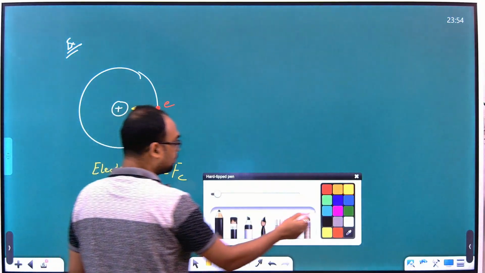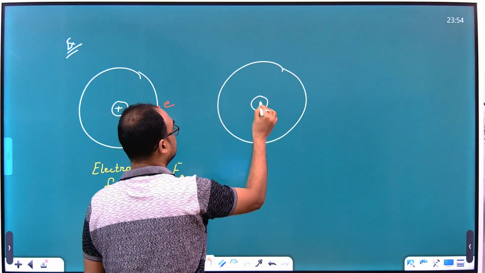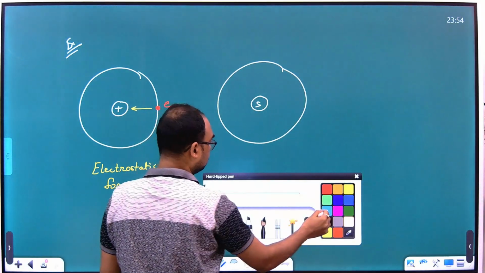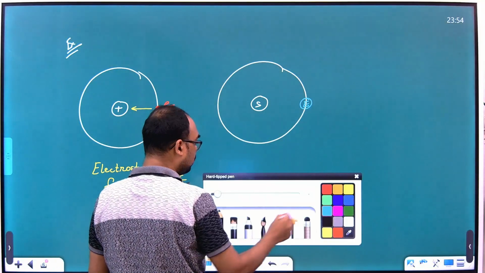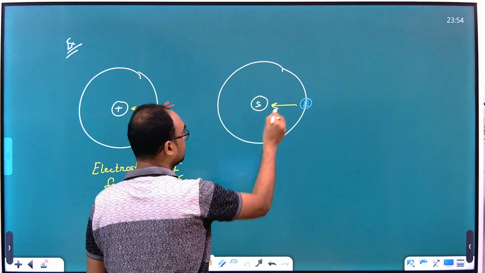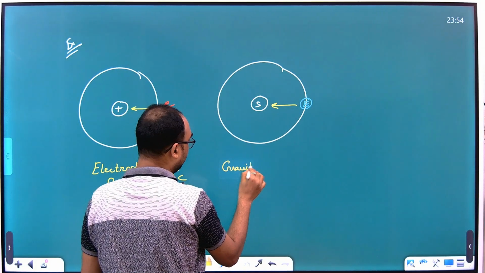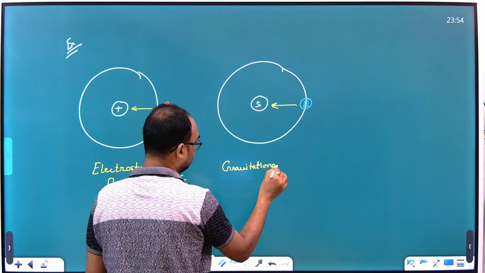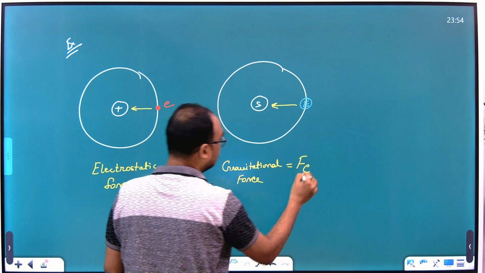Let's take another example from the solar system, the sun and the earth. There is a force of attraction, the sun is pulling us. So this is the gravitational force, which is equal to the centripetal force.